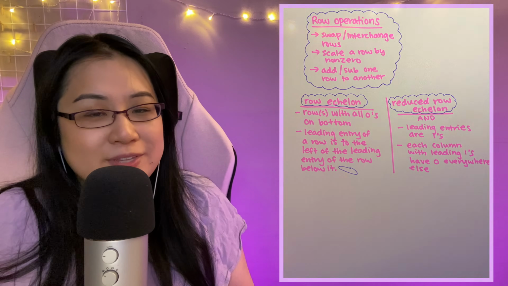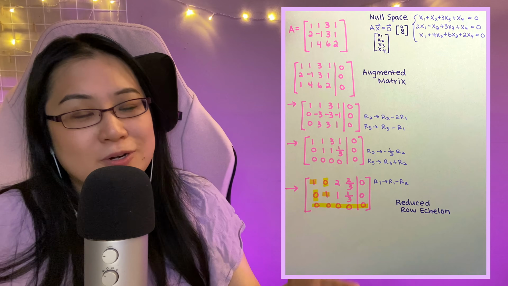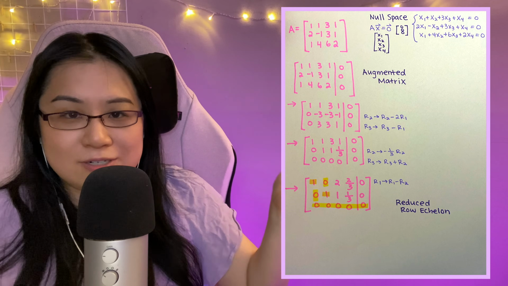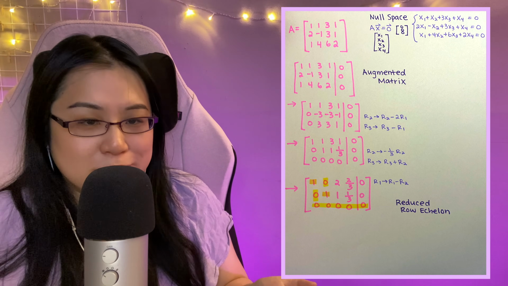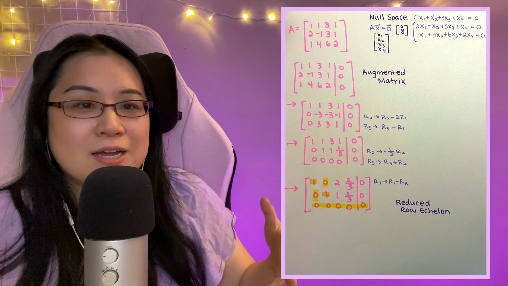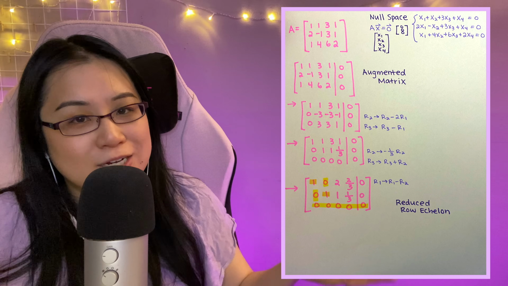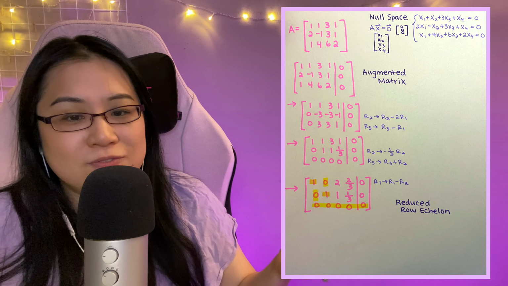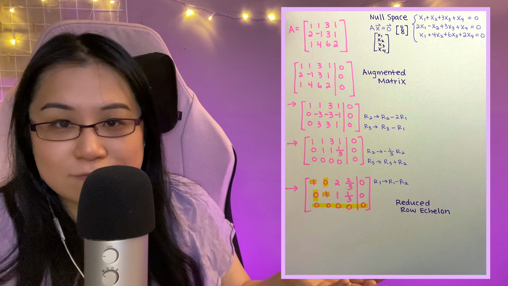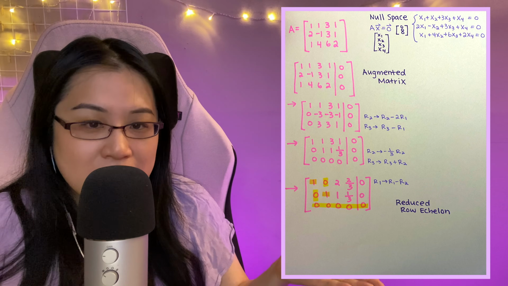Okay, so now let's go back to our augmented matrix, and here I have all the different calculations, but the idea is I start at the very top row. I see that there's a 1, so that's just a natural leading 1, which fits well with our reduced row echelon form, so I'll just leave it be.